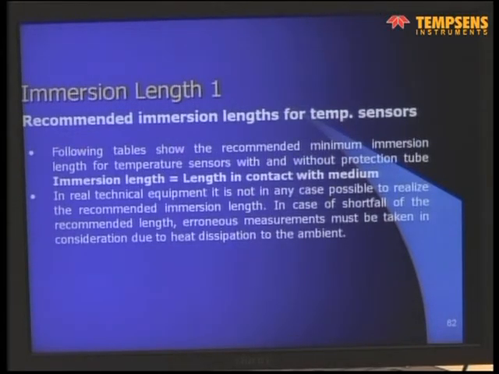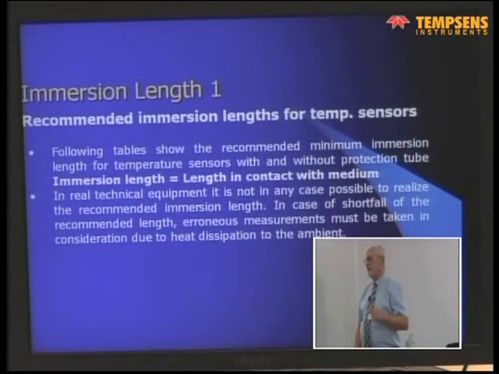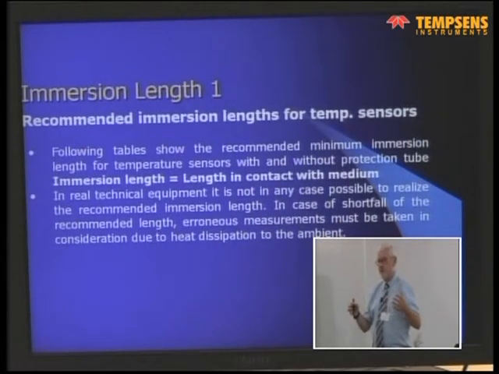The best example is if you have a standardized thermowell for steam applications, then your tip is somewhere around 60 millimeters long, and inside you have probably a resistance thermometer where the sensing element is 25 millimeters long. You cannot expect a really precise measurement. It is not possible. The immersion length is too low.